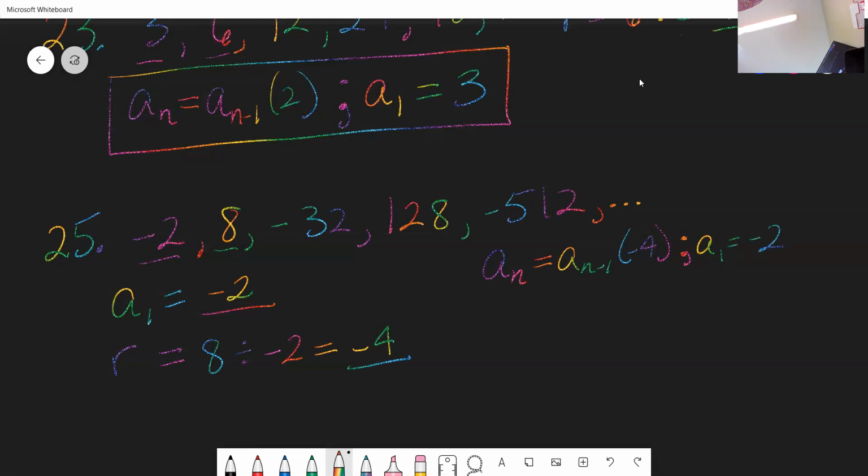You could also write this, which I feel like is neater, especially if we're multiplying. Whenever we have a constant term and a variable, we always put the constant first. So I would just flip this to be -4 A_(n-1). Same thing. We just use the commutative property of multiplication to flip.